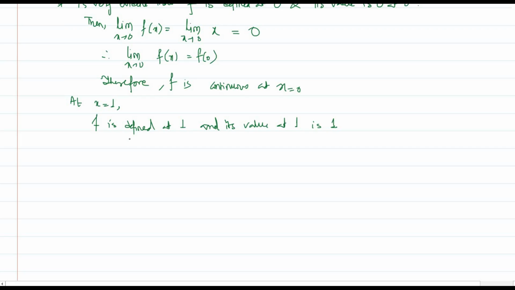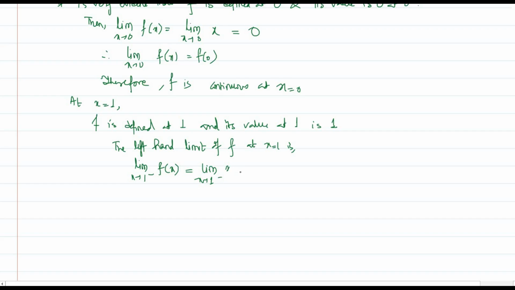But now since the definition changes at 1, we need to check the left hand limit and the right hand limit. So now let us check the left hand limit of f at x equal to 1. It is limit of x tends to 1 minus of f(x), equal to limit of x tends to 1 minus of x, since left hand side of 1 means x is just less than 1.